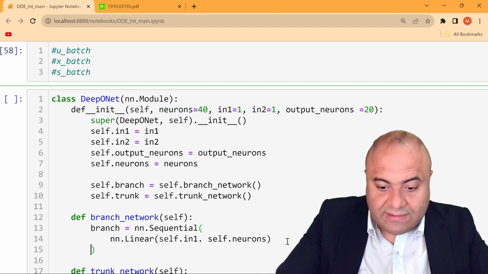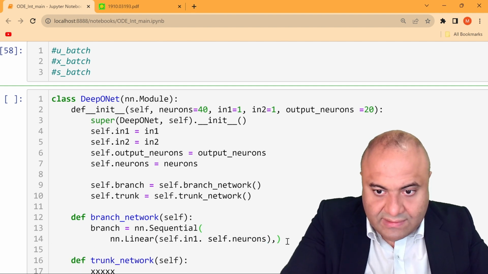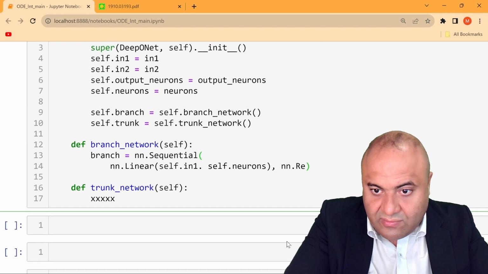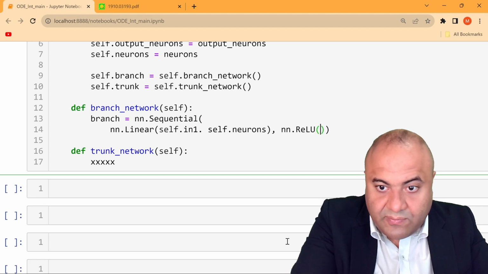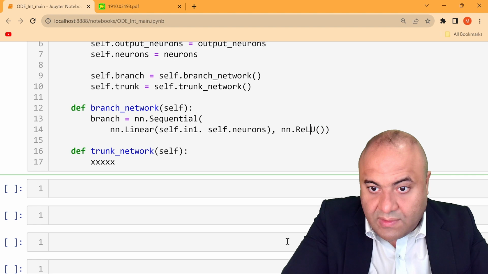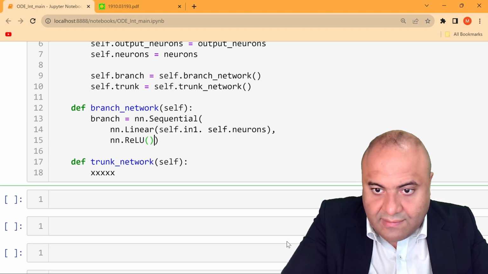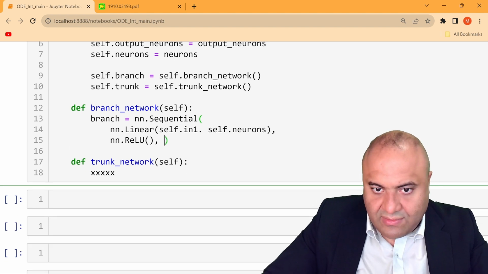Now after that, what we will do is nn dot ReLU activation function, ReLU, and I don't know why you have to write something before.